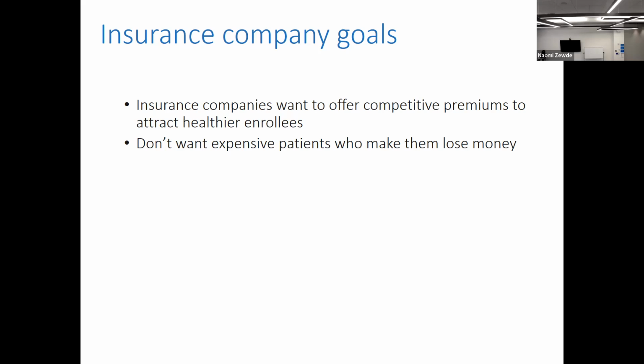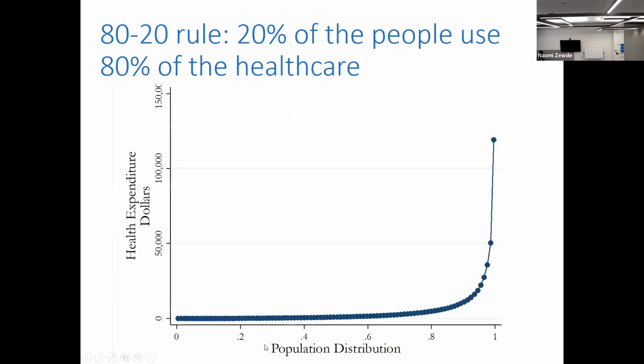Like if they charge $1 less than everybody else, but they don't have to pay anything to any doctors because all their enrollees are extremely healthy, that's the best case scenario for an insurance company, because you're bringing in all these premiums and you're not spending them. So they don't want expensive patients who are going to lose them money. And when you look at the distribution of medical expenditures in the population, I just pulled this off of the Medical Expenditure Panel Survey.